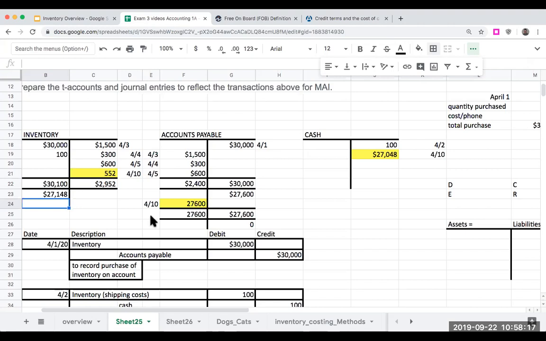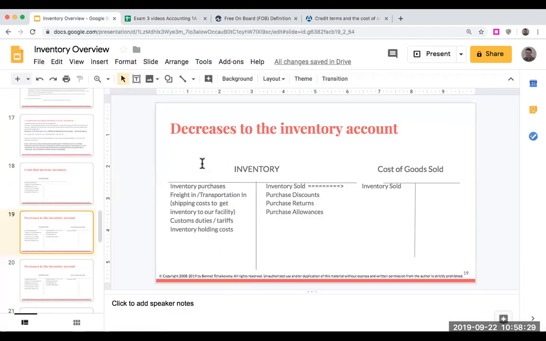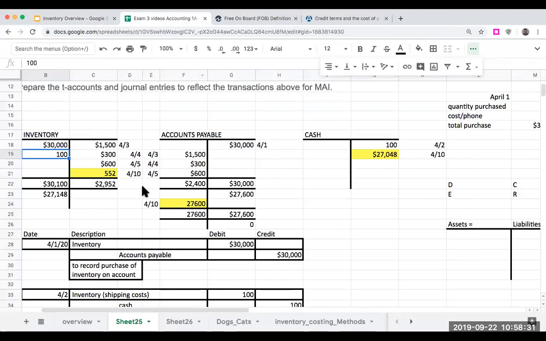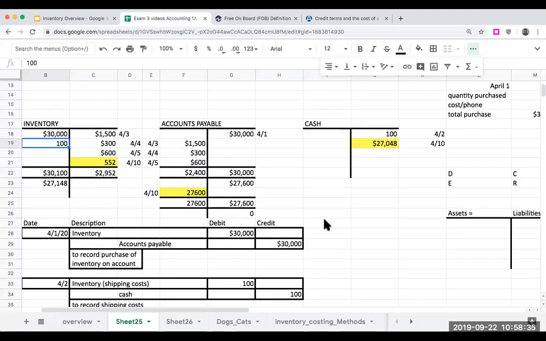Okay. Now, if you're looking at this, you might be saying to yourself, well, wait a second, why is this higher than the cash that I paid out? It's because I had to capitalize my freight in, or those costs, into my inventory. That's why it's different than the cash being paid out.